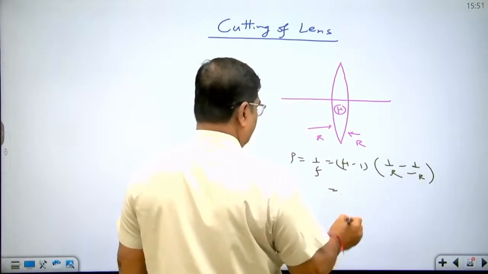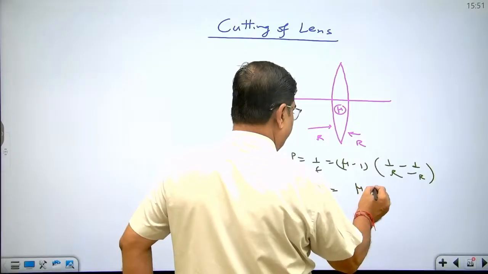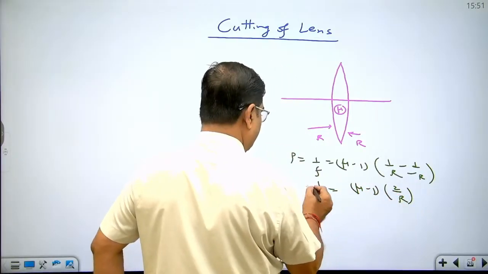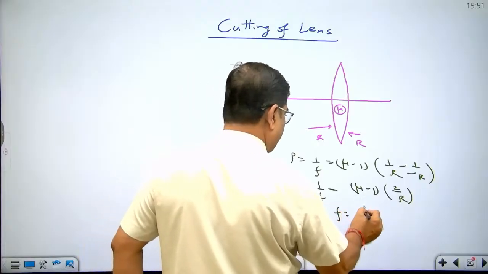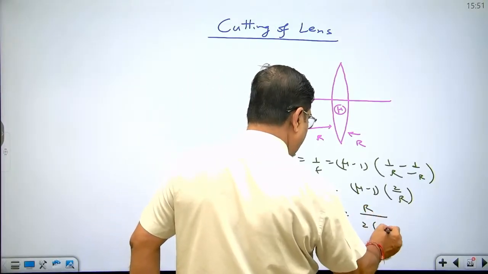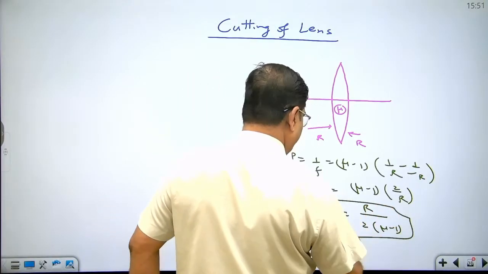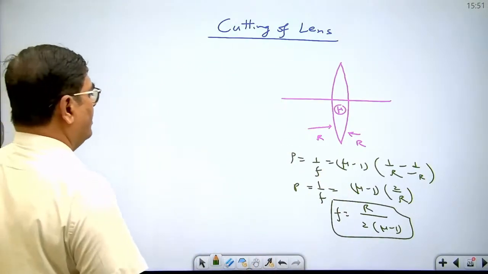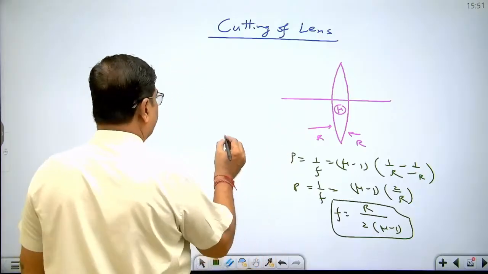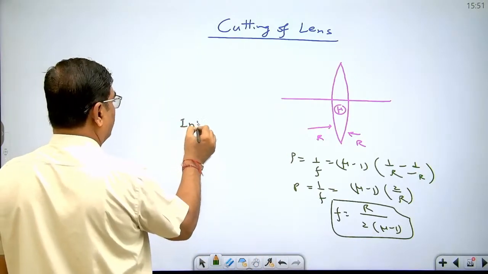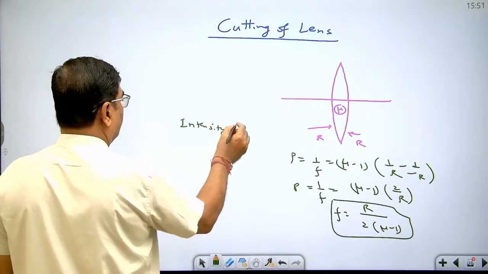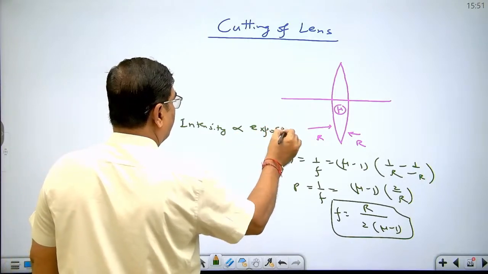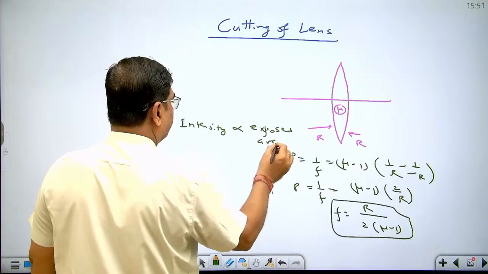So here we are getting mu minus 1 into 2 upon R. So f is R upon 2 into mu minus 1. This is f. And remember, intensity is directly proportional to exposed area.